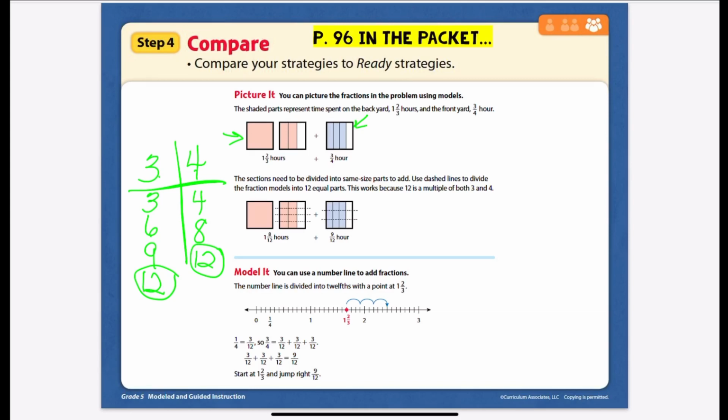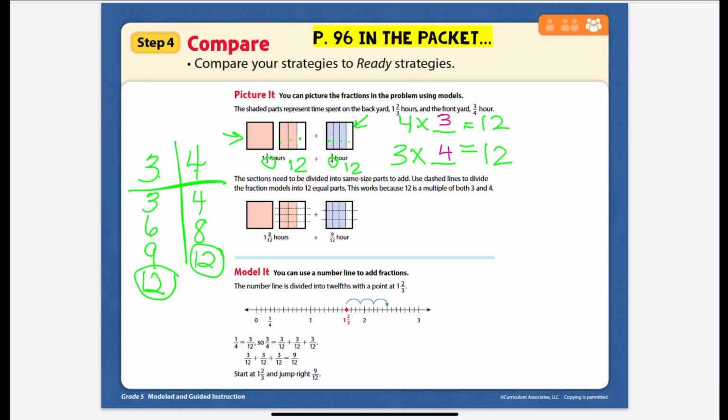So since we had 3 parts in here, we're going to need to make this 3 into a 12. And we have 4 parts, so we need to make that 4 into a 12. It's like, what do we need to multiply times 3 to get 12? And what do we need to multiply times 4 to get 12? And then it's really going to be like this, right?